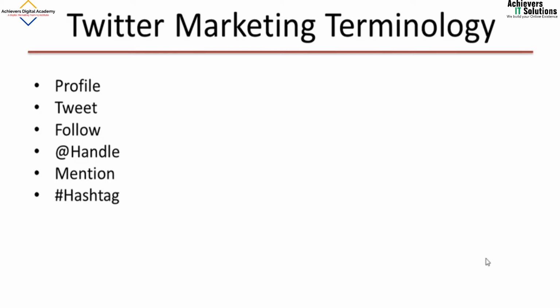Next is hashtag. A hashtag binds together tweets around a certain topic, which helps users follow that topic or that conversation. So if you want to follow the topic social media marketing, you would want to search for hashtag social media marketing, for example, and you would find all the tweets that contain that hashtag in them.